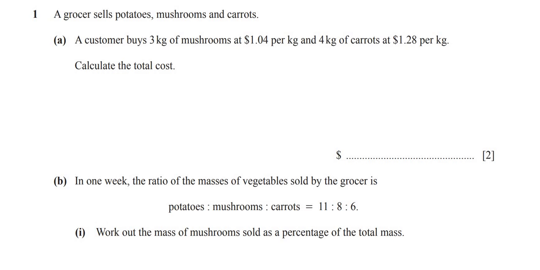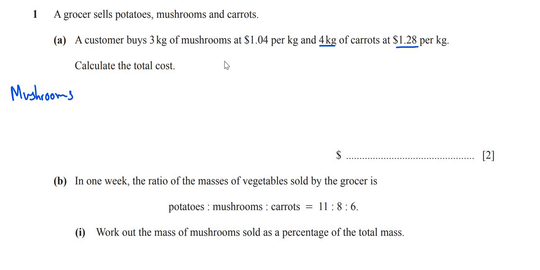Thank you. So this is the first question that we have over here. It says that a grocer sells potatoes, mushrooms and carrots. A customer buys 3 kgs of mushrooms at 1.04 per kg, 4 kgs of carrots at 1.28. What's the total cost? So look, first you will find the total cost of mushrooms.